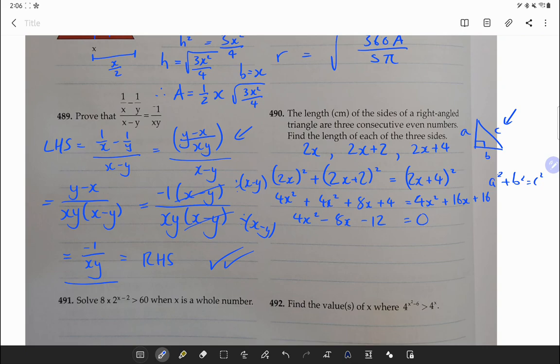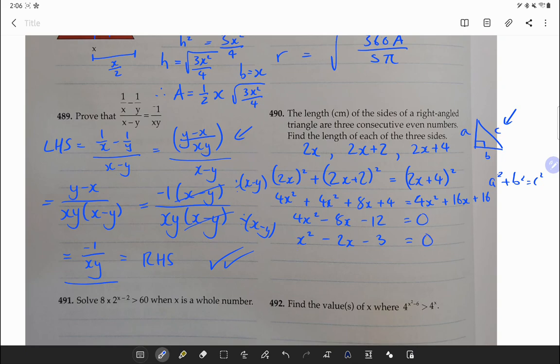Okay, there we go. So hopefully I've gotten that right. Seems like I can simplify that even better. I can divide both sides by 4. Let's make it easier for ourselves. This side, 0 divided by 4 is 0.